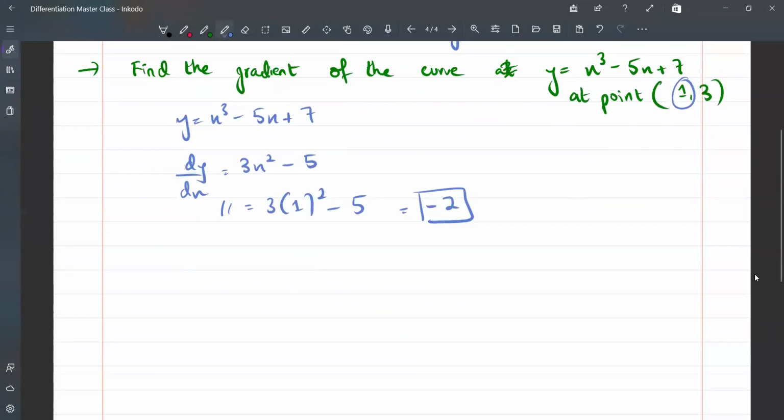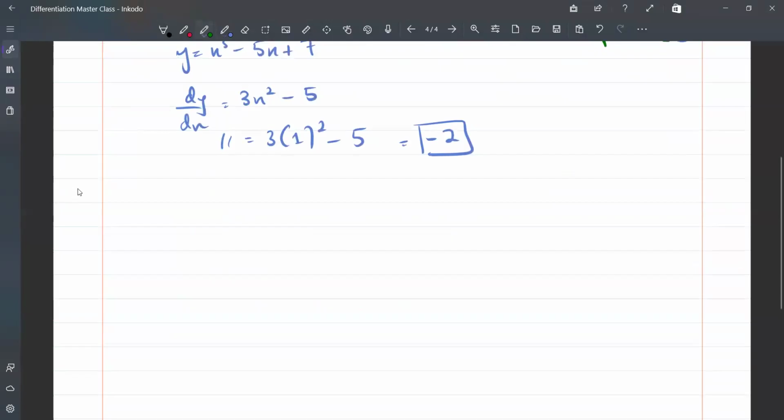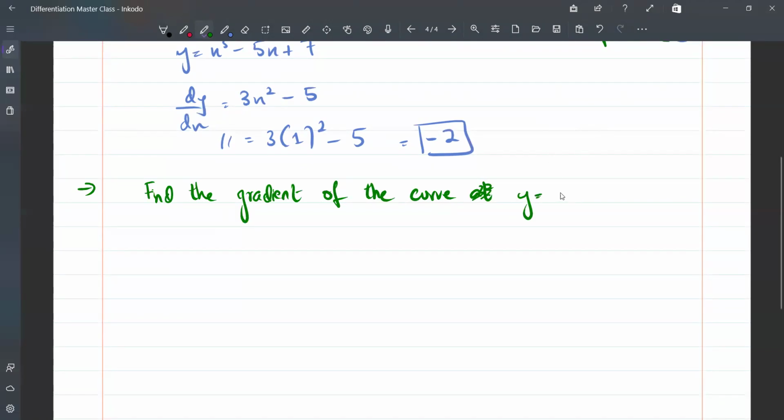Another example of this, let's say the question says find the gradient of the curve y is equal to under root 4x plus 1 at the point 2 comma 3.